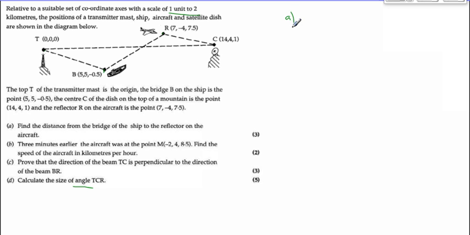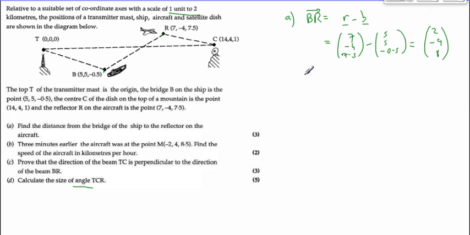Okay, so part A. We're looking for the distance, and we know that our distance would be the magnitude, the size of that line. So firstly, we need the vector B to R, which is going to be R subtract B, which is 7 minus 4, 7.5 take away 5, 5 minus 0.5, which is 2, negative 9, 8.